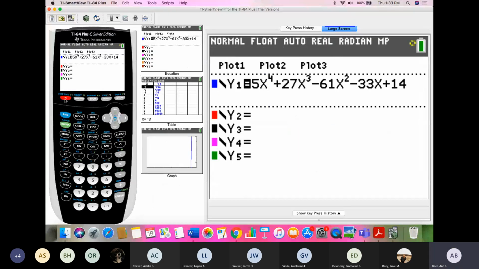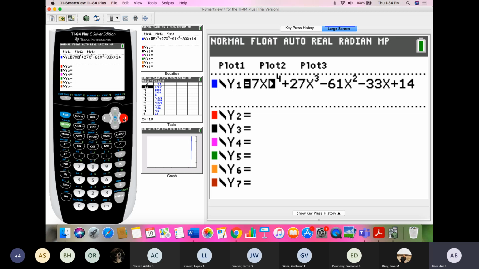So I'm going to click on y equals. This 5 that's flashing is a 7. And then we have 7x to the 4th. This might be a good time to try to just change what you need.